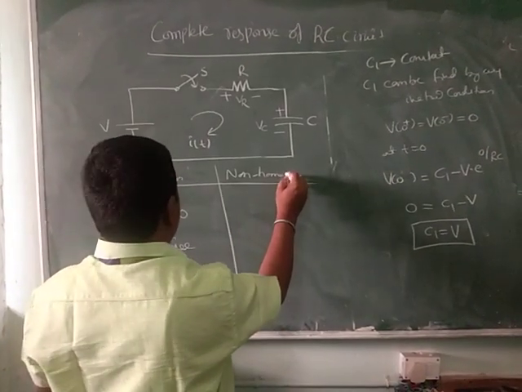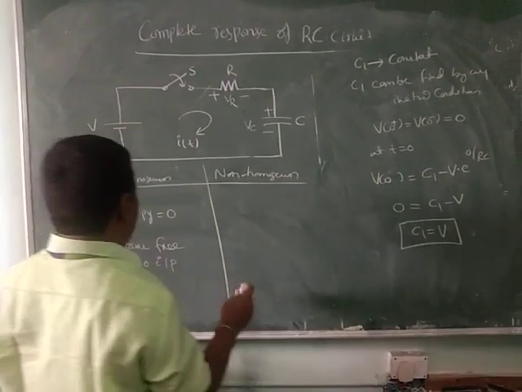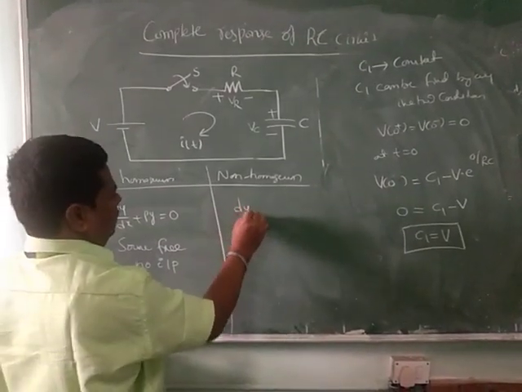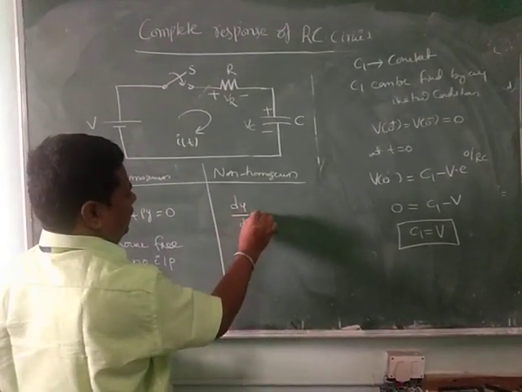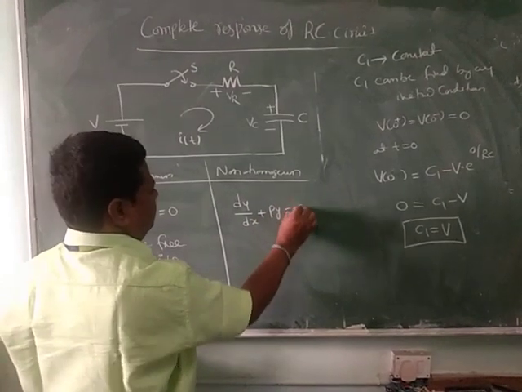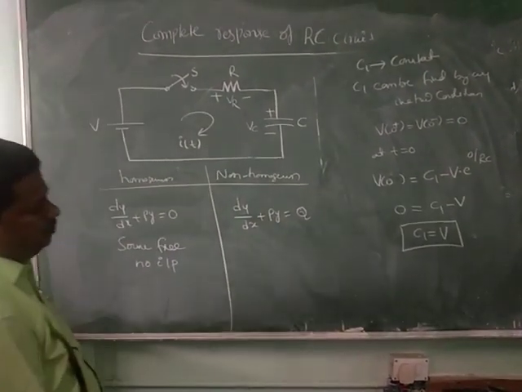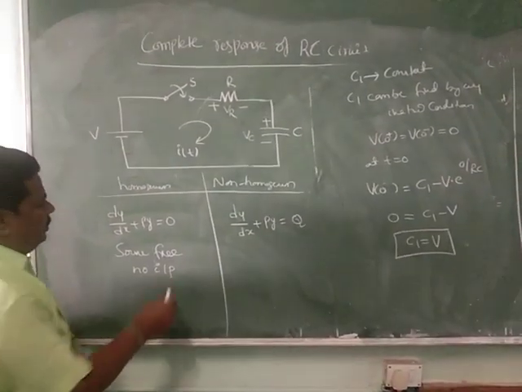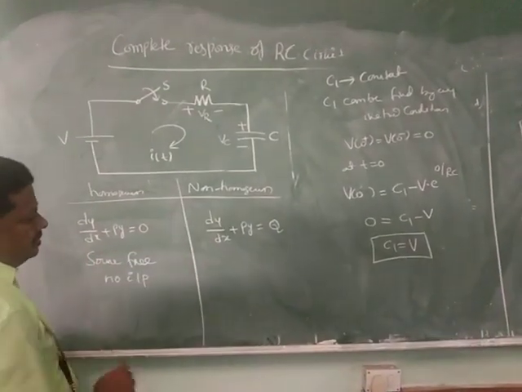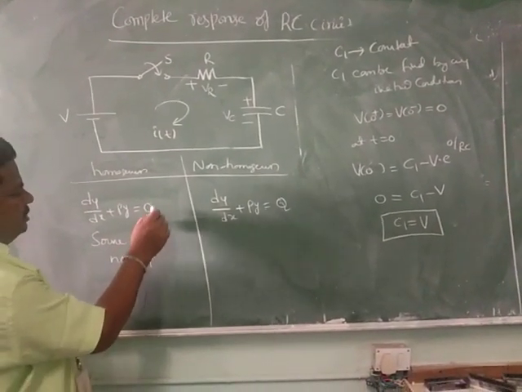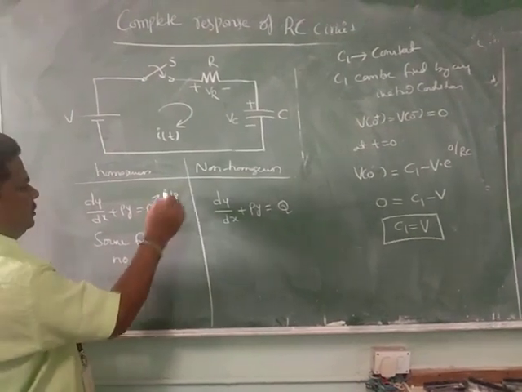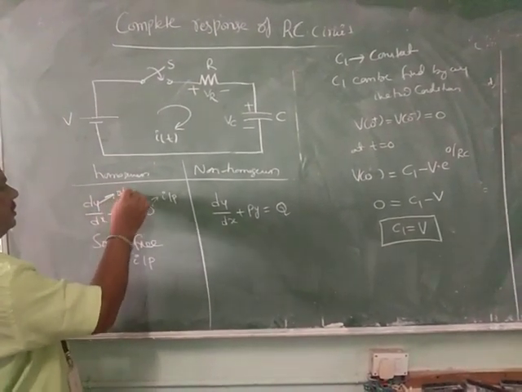Whereas the non-homogeneous differential equation has the form dy by dx plus py is equal to q. Both are first order differential equations. The only difference is that here q is the input, where y is the output.